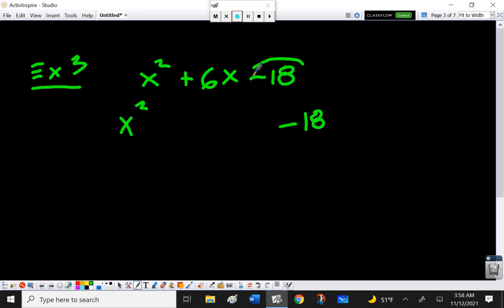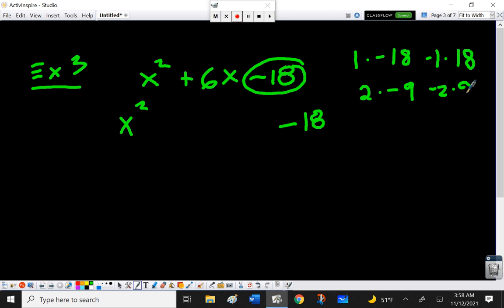Looking for the factors of negative 18. When you look for the factors of negative 18, remember, we're going to have a 1 times a negative 18, or it could be negative 1 times positive 18, because remember, one of them has to be negative. Or maybe we have 2 times negative 9, or negative 2 times positive 9.